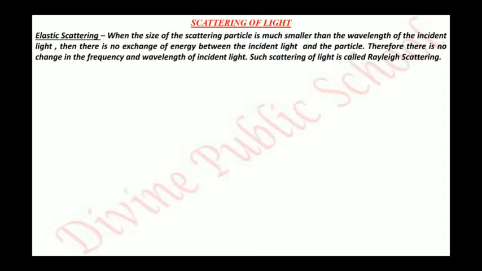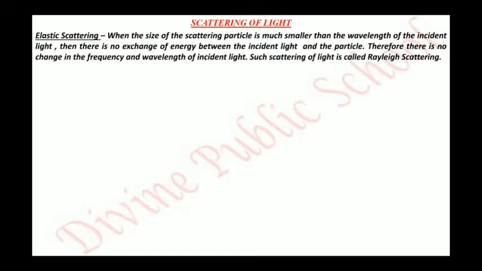When the size of the scattering particles, it could be a dust particle, a molecule, or a very small solid body, is very small. When we talk about light, and in this session we are talking about visible light, the visible light has a wavelength in the order of 400 nanometer to 700 nanometer.